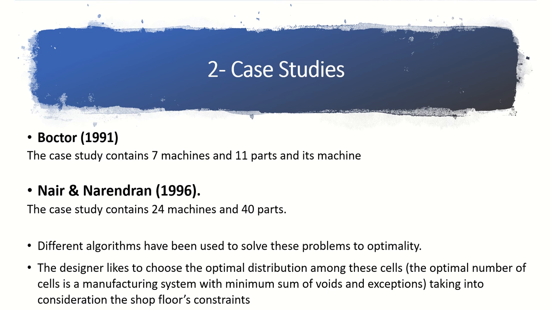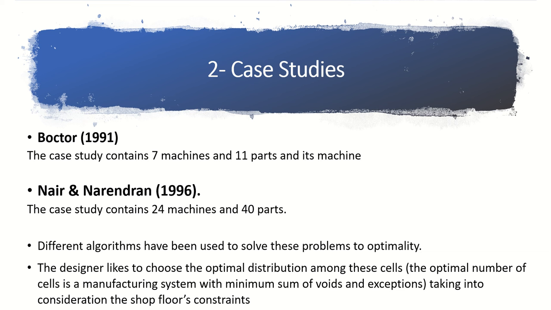Two case studies have been chosen in order to analyze and study the optimality of manufacturing systems. The first one is from Boktor 1991. It contains 7 machines and 11 parts. The second case is from Nair and Narendran 1996 and contains 24 machines and 40 parts.